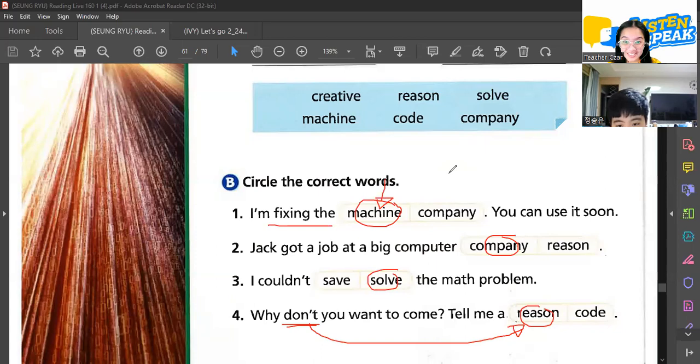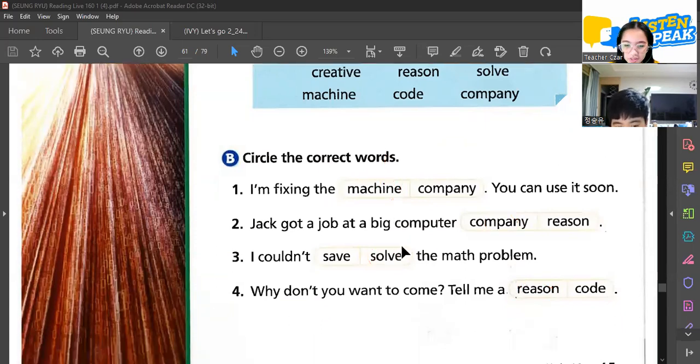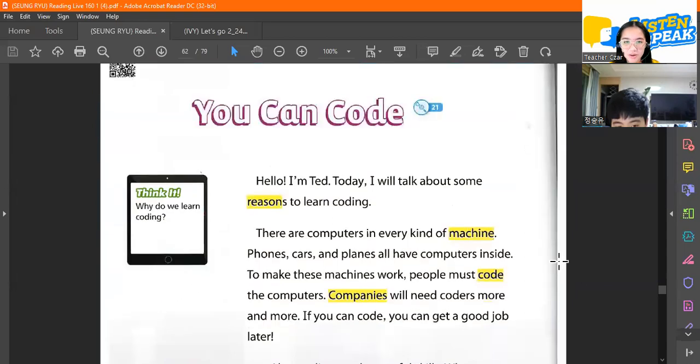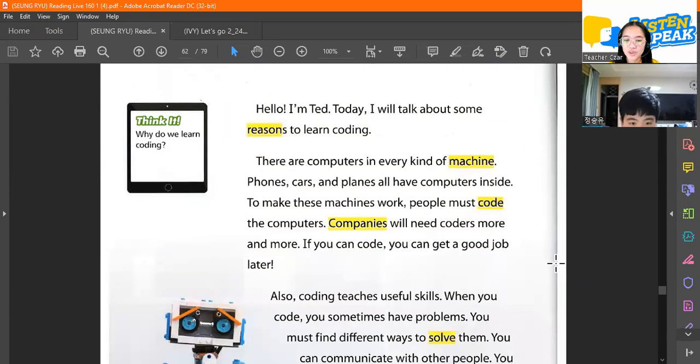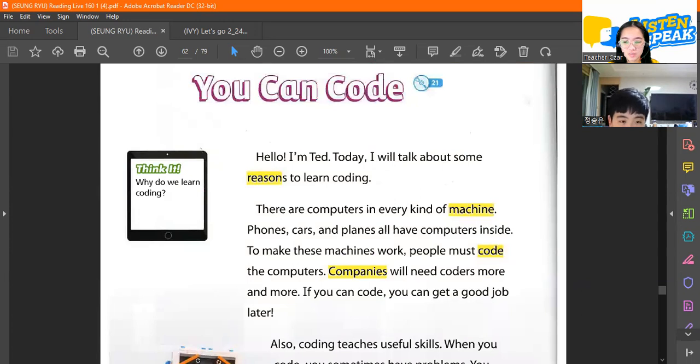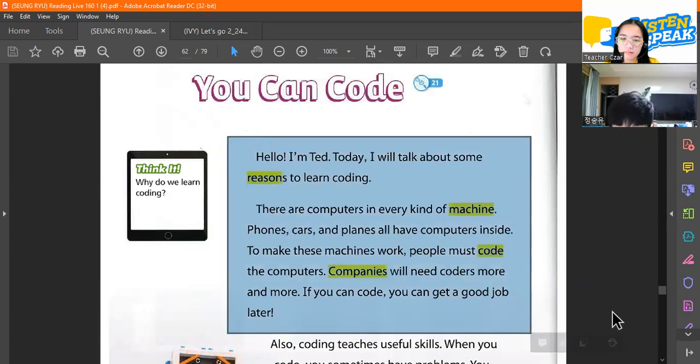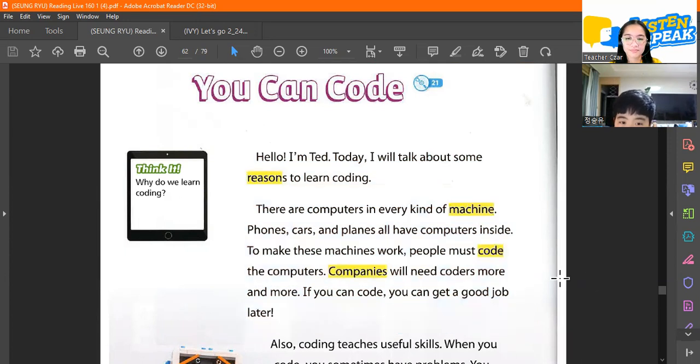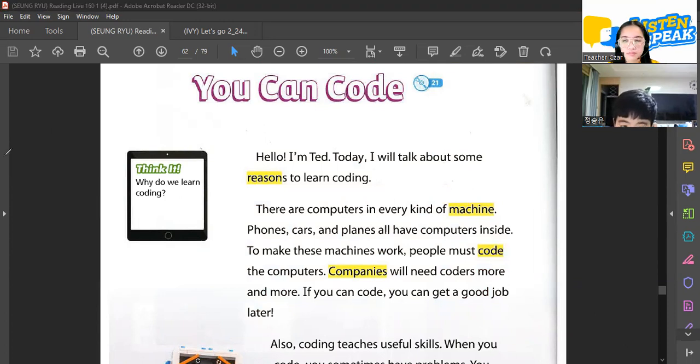No. No questions. Now let's try to have the story or the passage that is all about you can code. Okay. So can you please try to read this one first? Hello, I'm Ted. Today I will talk about some reasons to learn coding. There are computers in every kind of machine.